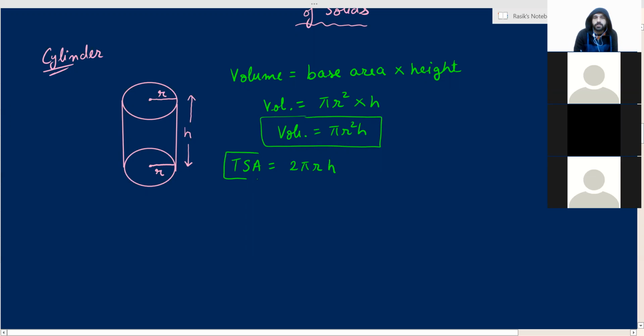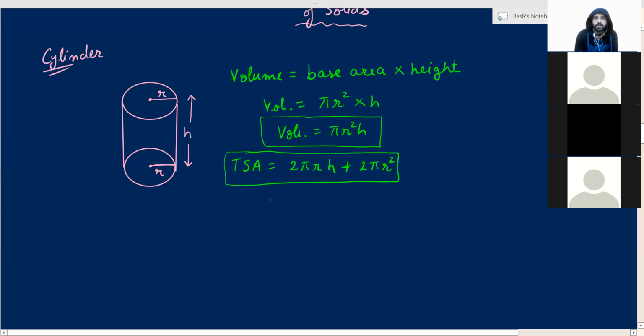And this is curved surface area only. So in the curved surface area, if I add the areas of both the circles, that means pi r square plus pi r square, this makes 2 pi r square. If I add this also, then I get the total surface area of the cylinder.